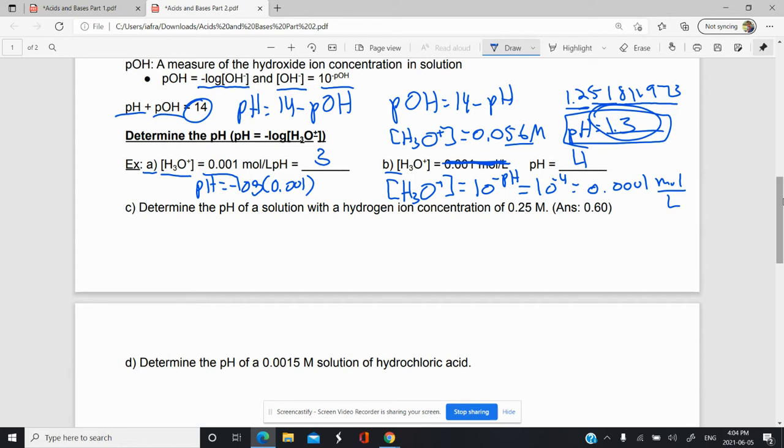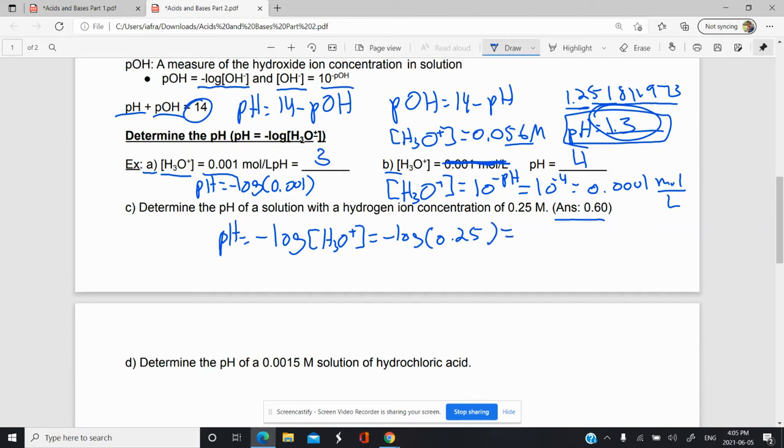So let's do example C over here. Determine the pH of a solution with a hydrogen ion concentration of 0.25. So the answer is here, but let's see if we can figure it out, and you can try to get that answer as well. So we want to find the pH, and we know the pH is the negative log of the concentration of H3O+ or H+, which is in this case the negative log of 0.25.